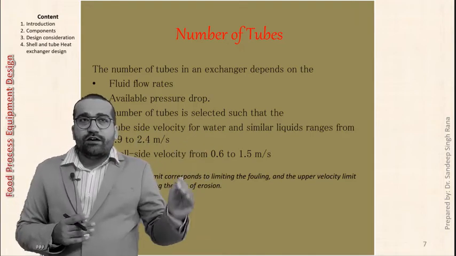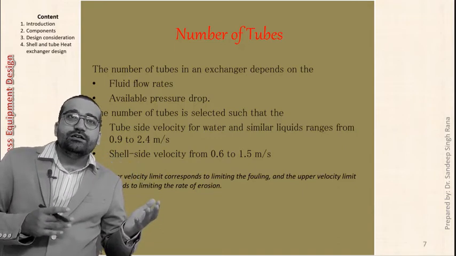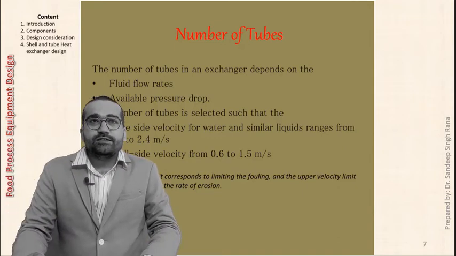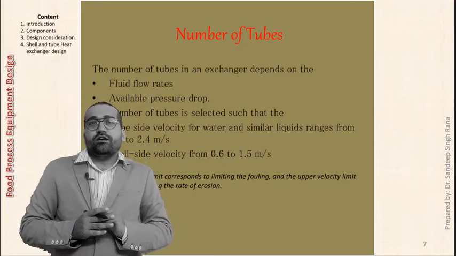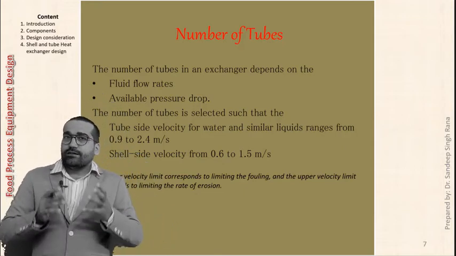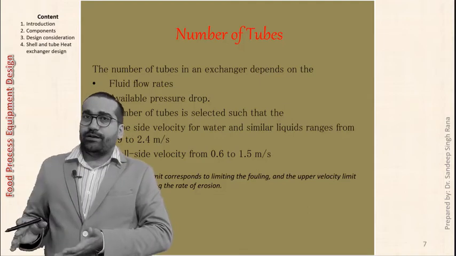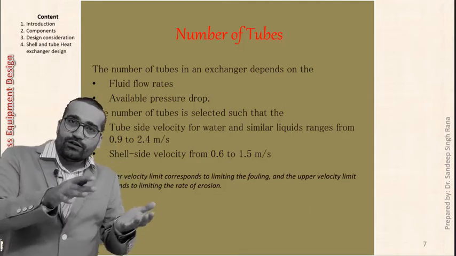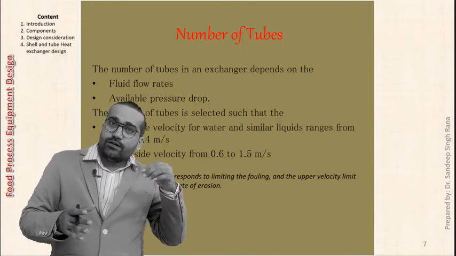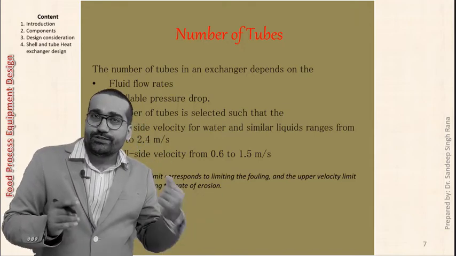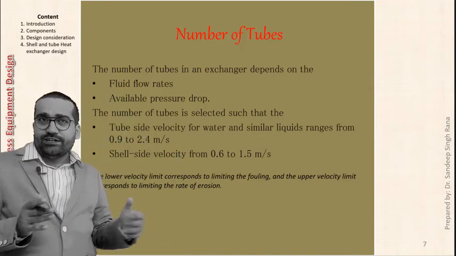Lower velocity limits correspond to limiting the fouling. Okay, so the lower the velocity, the more the flow will be laminar. If the flow is laminar, fouling will be more. If fouling is more, the effectiveness of the heat exchanger will reduce. So all these things are interrelated.